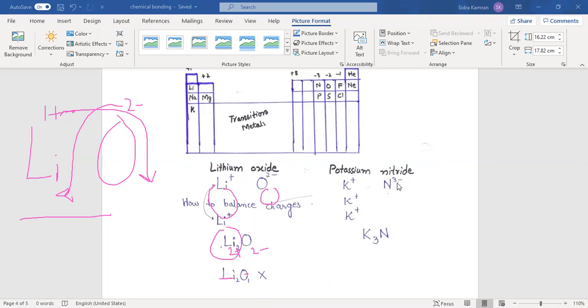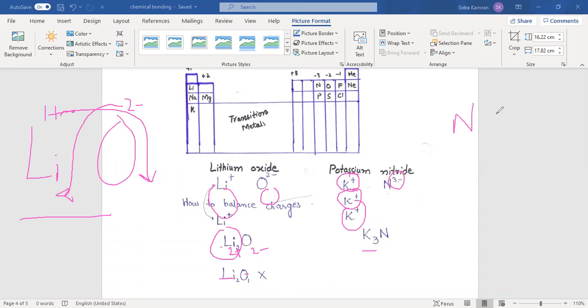So how can I balance this -3? If I take 3 atoms of potassium, then I will balance this valency. So that's why I have taken 3 atoms. Here you can see 3 atoms of potassium and 1 atom of nitrogen. If there is a single N, you have to name this ion nitride.